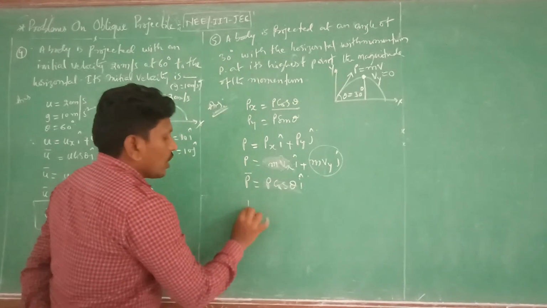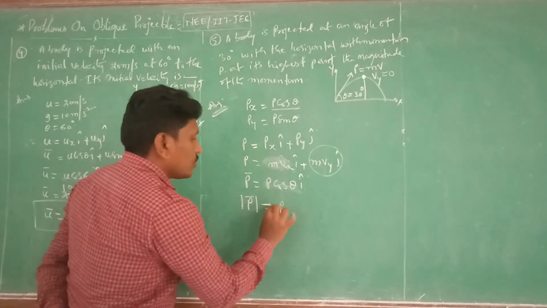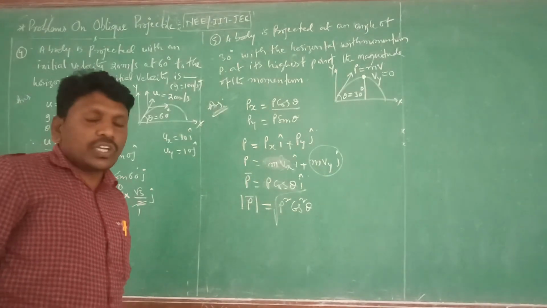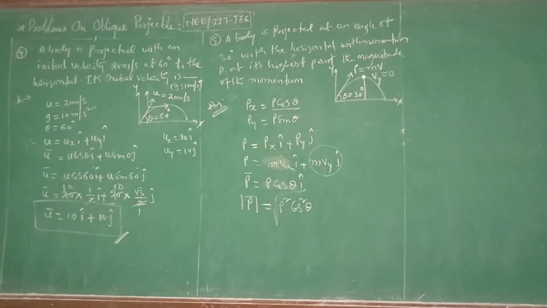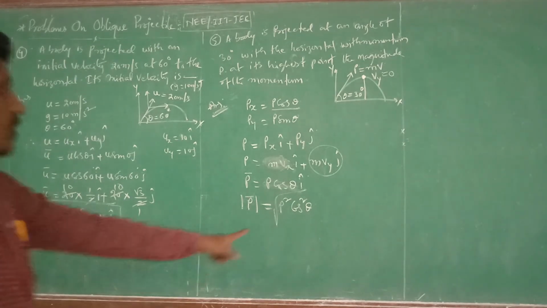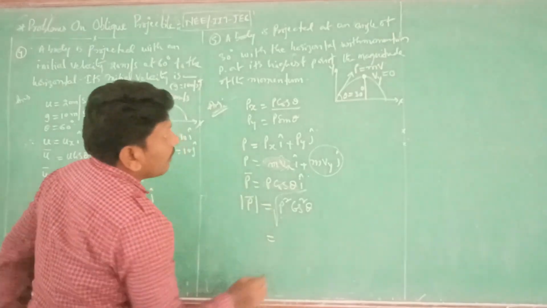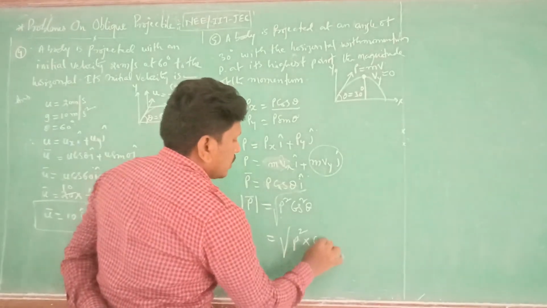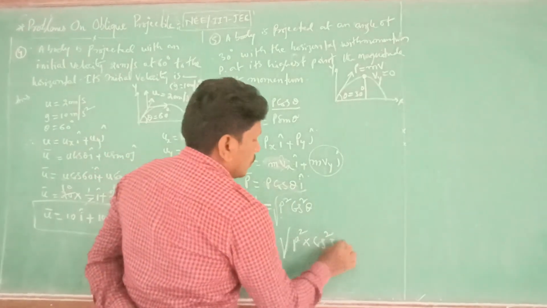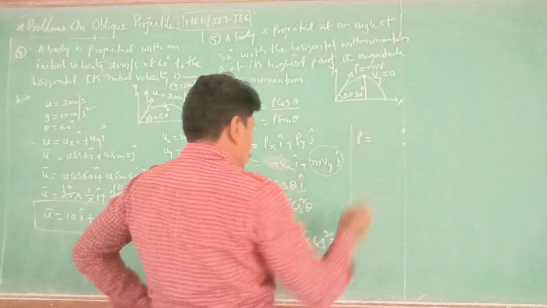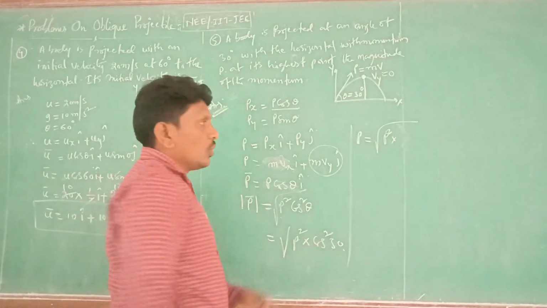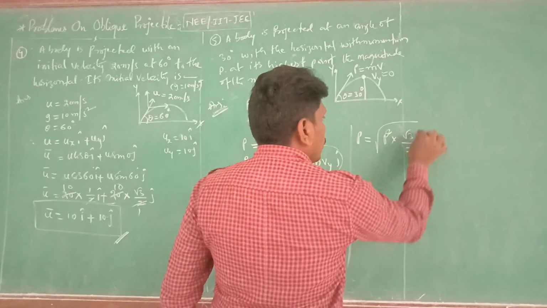If we find only the magnitude, that is square root of p square into cos square theta. Here p is equal to square root of p square into cos 30, which is root 3 by 2, whole square.